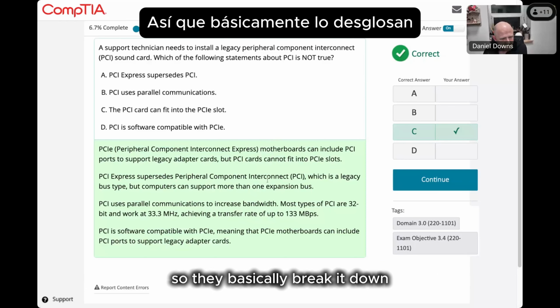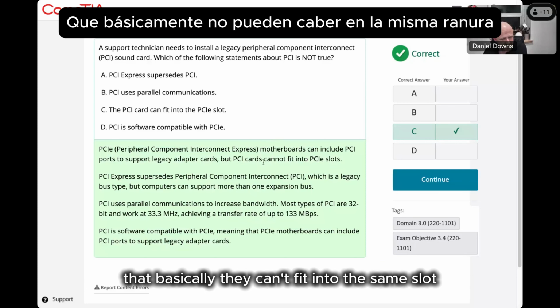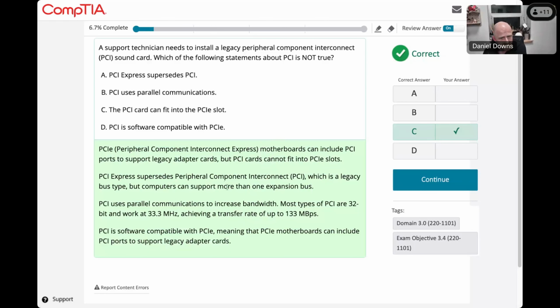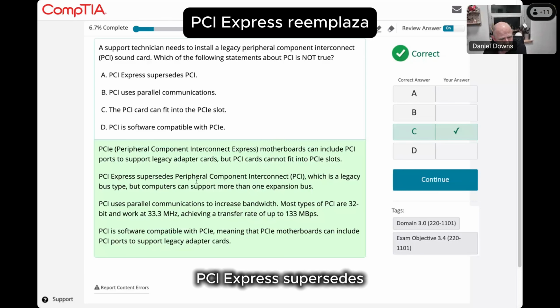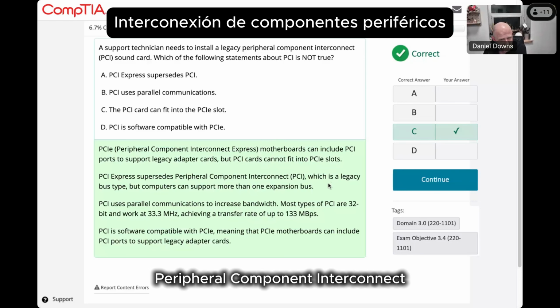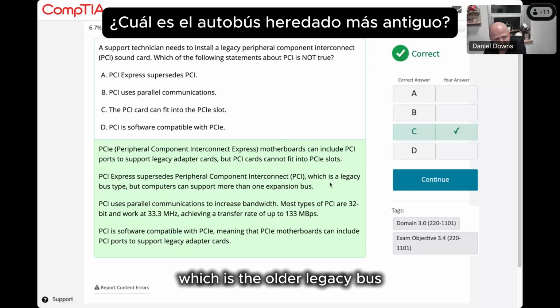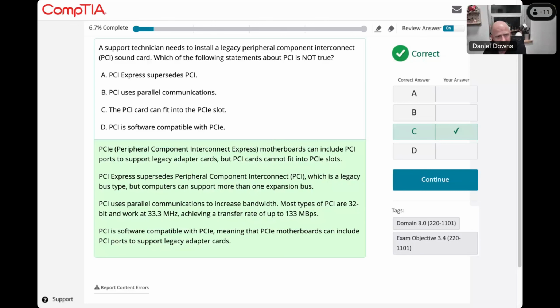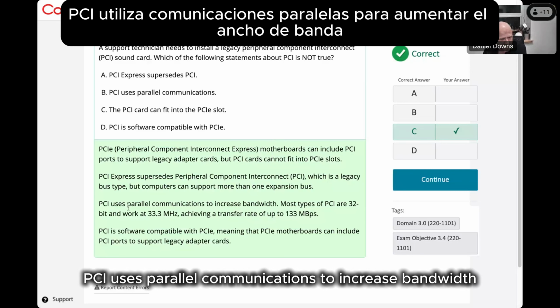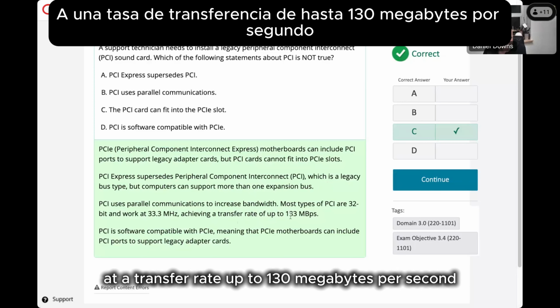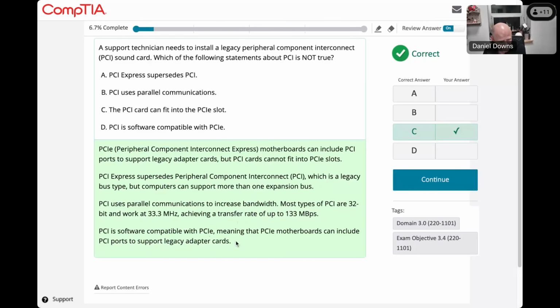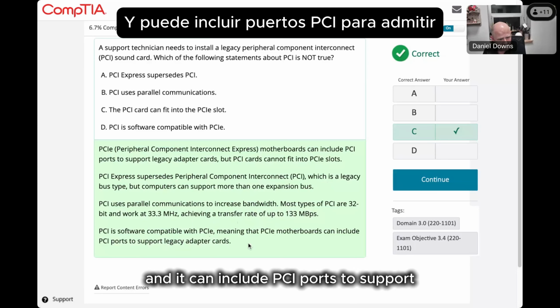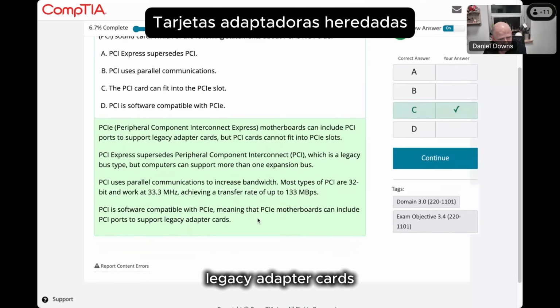So they basically break it down that they can't fit into the same slot. PCI uses parallel communications to increase bandwidth and a transfer rate up to 133 megabytes per second. Their software is compatible and it can include PCI ports to support legacy adapter cards.